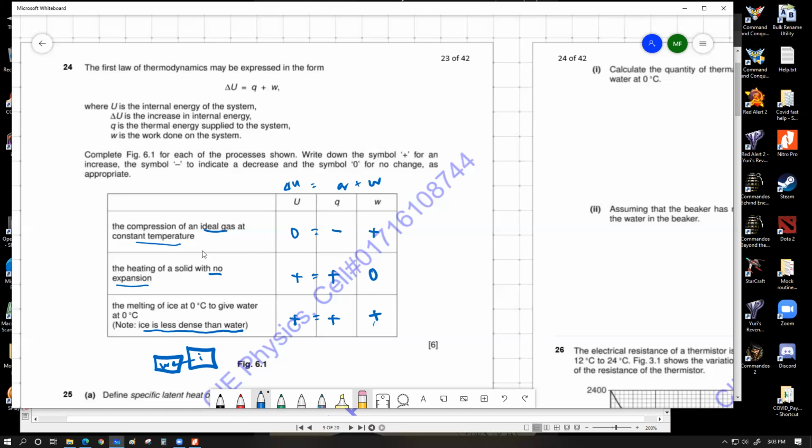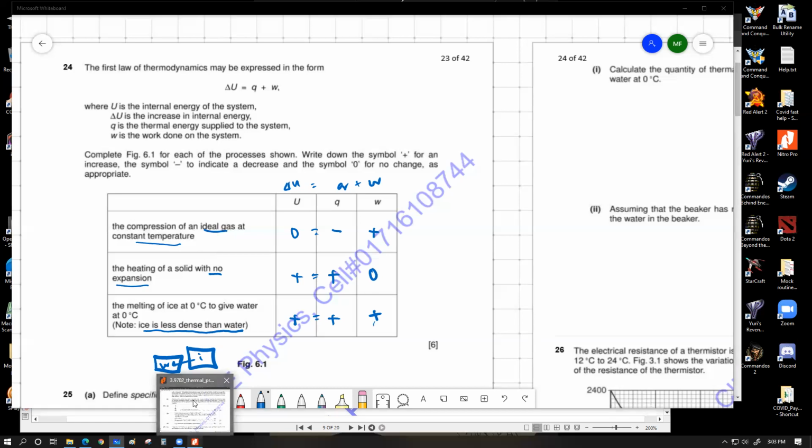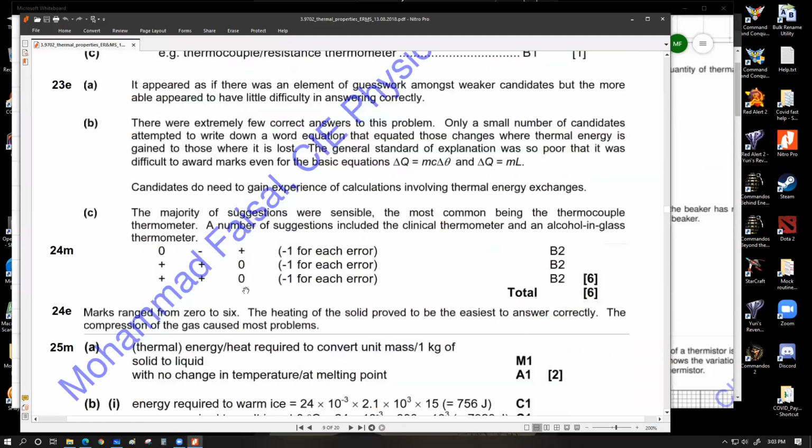Have a look. Do you see? On the third row, third column, they have 0, which means they're assuming that there should be no volume change. And minus 1 for each error, which means you are going to get 1 mark less for this last column.